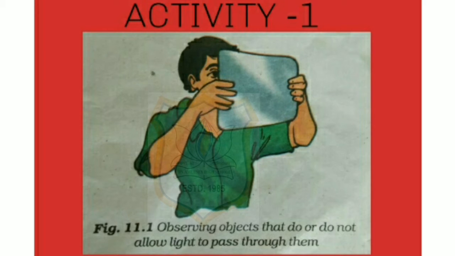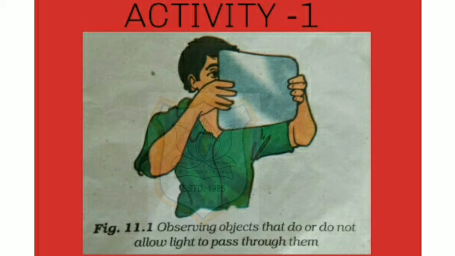Activity 1. Look around yourself and collect as many objects as you can: an eraser, plastic scale, pen, pencil, notebook, single sheet of paper, tracing paper, or a piece of cloth. Try to look at something far away through each of these objects as shown in figure 11.1. Is light from a faraway object able to travel to your eye through any of the objects?